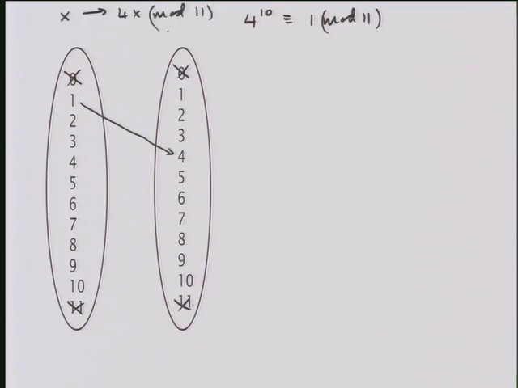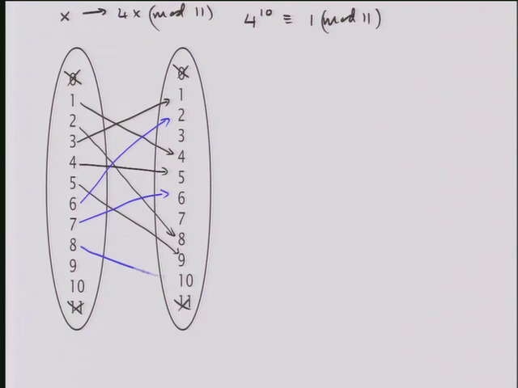So 1 goes to 4, 2 goes to 8, 3 goes to 1, 4 goes to 5, 5 goes to 9, 6 goes to 2, 7 goes to 6, 8 goes to 10, 9 goes to 3, 10 goes to 7. So it's a bijection.